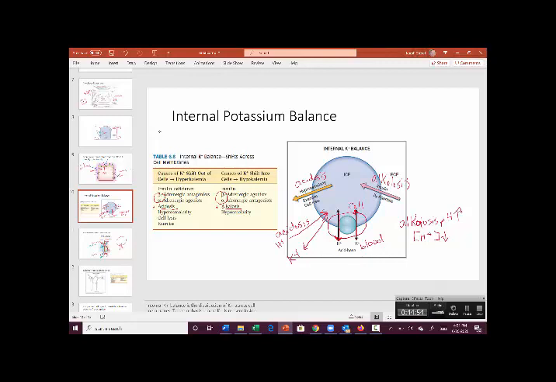But the reverse is true. If potassium is shifting, you can expect a secondary hydrogen problem. So if potassium is the initial problem, expect an acid-base problem to follow. If an acid-base issue was the initial problem, it is not necessarily true that you will have a patient with a potassium problem.